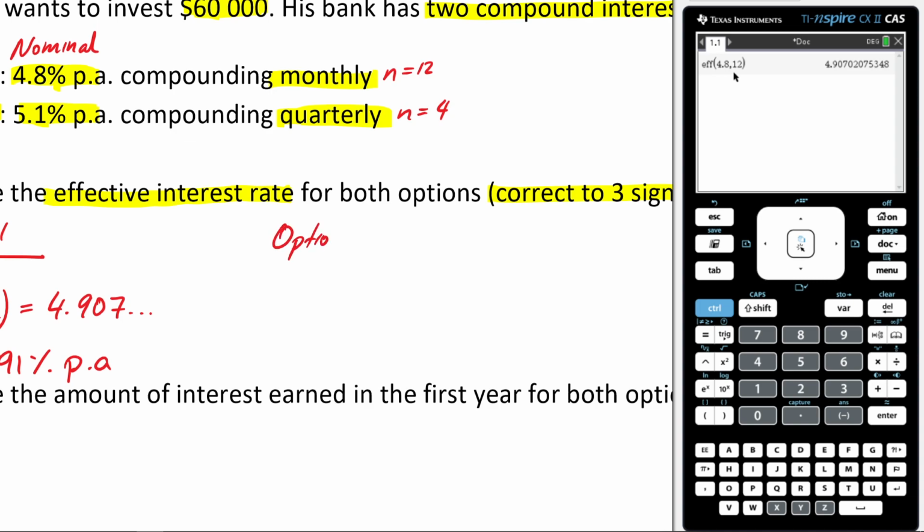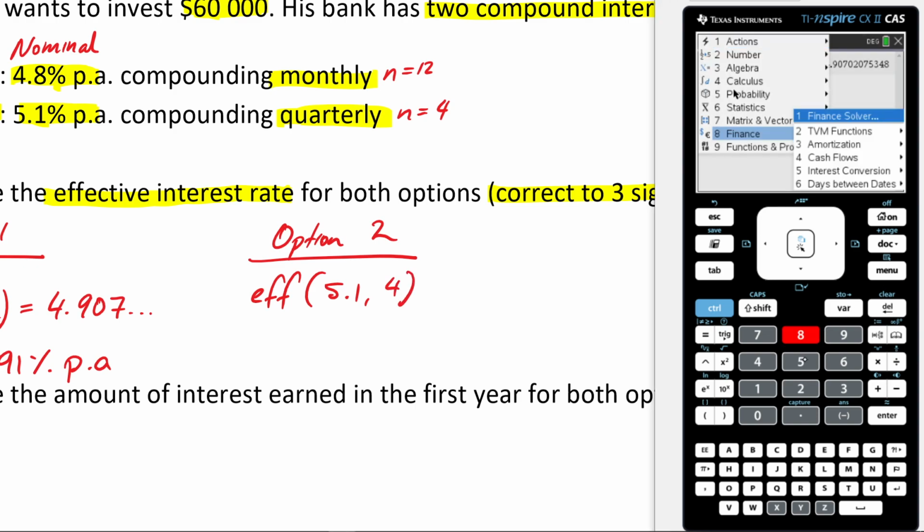Option 2. Again, what I'm going to put into my calculator here, like in a SAC or an exam, you wouldn't have to put down this CAS notation, but it is helpful for us in this circumstance just to see exactly what it is we're doing. Menu 852.